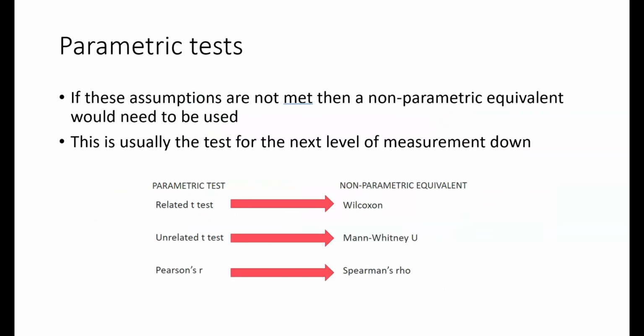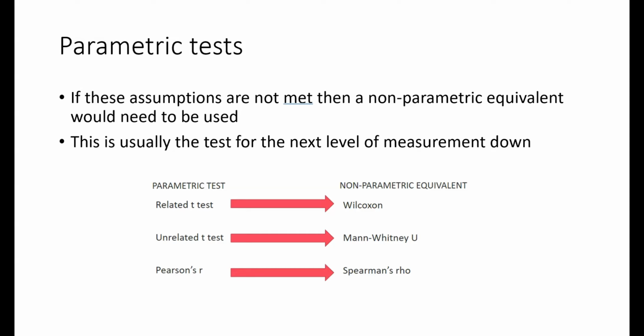If these extra criteria aren't met, then we would use a non-parametric equivalent, which is a selection from the others in the decision table. This is usually the test for the next level of measurement down, but for the same type of data, so related or unrelated, and the same type of test, so test of difference or relationship.